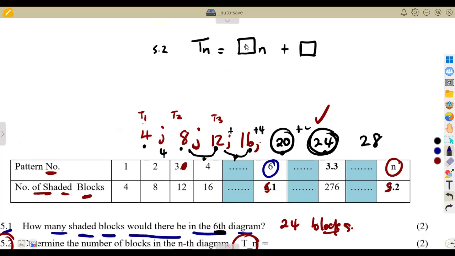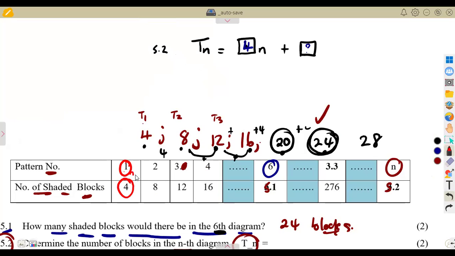So it means that Tn is equal to 4n, because the difference is 4. So Tn is equal to 4n plus a number that we are supposed to put in here. So how do I determine this number? I can just go back here. From pattern 1, when n is equal to 1, T1 is equal to 4.